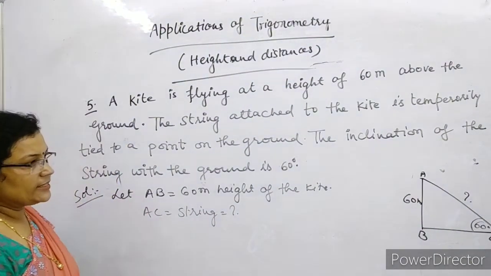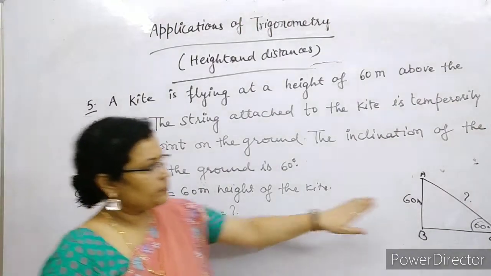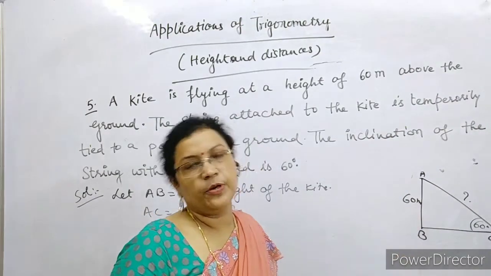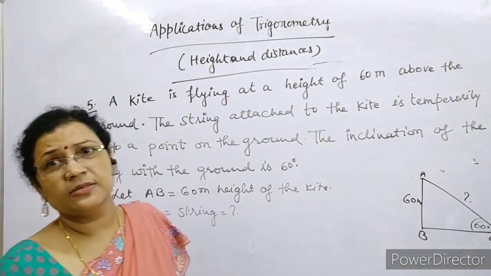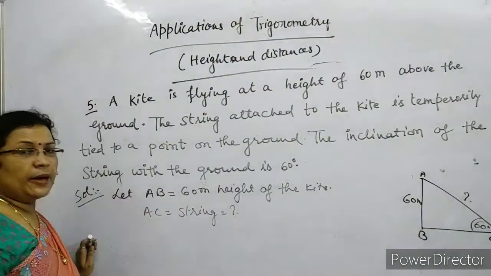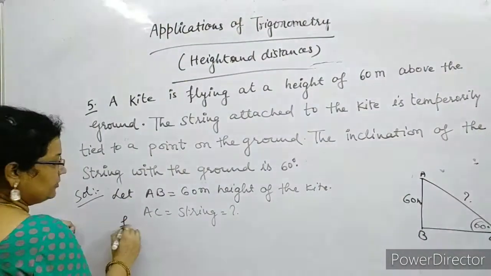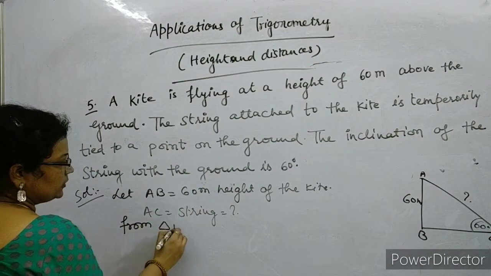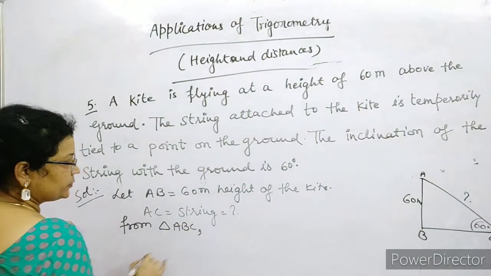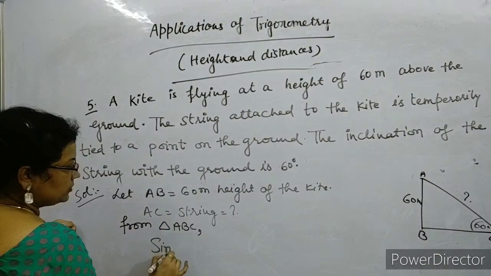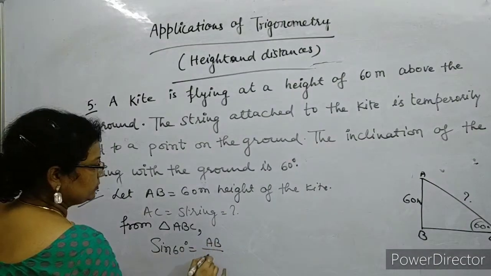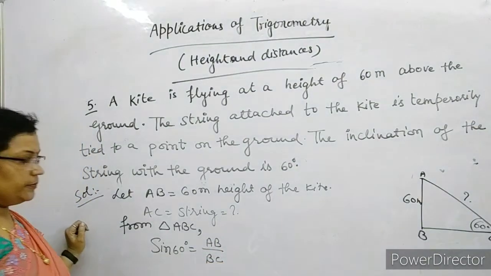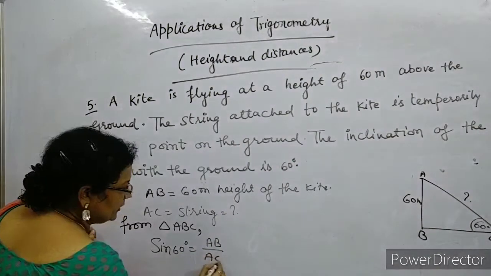Now we can see easily the perpendicular is given and the hypotenuse we have to find. So obviously it will be sine, P by H. From triangle ABC, sine 60 degree equals AB by AC.